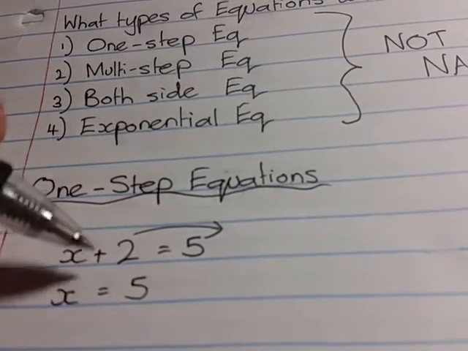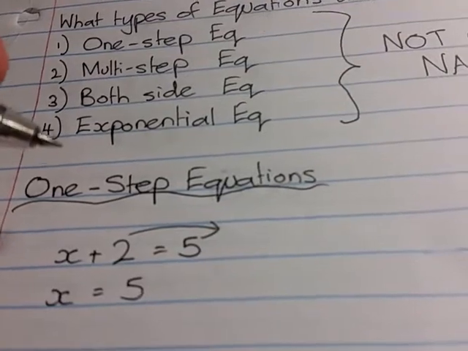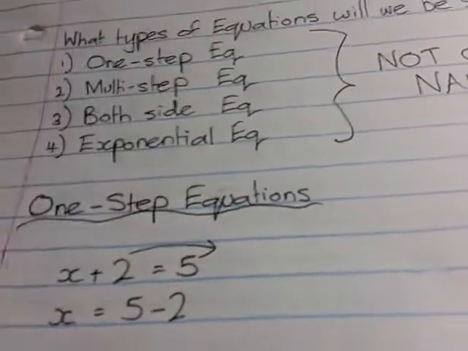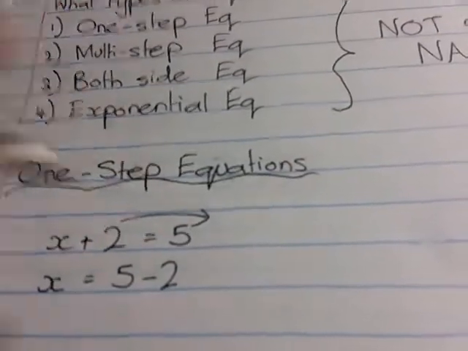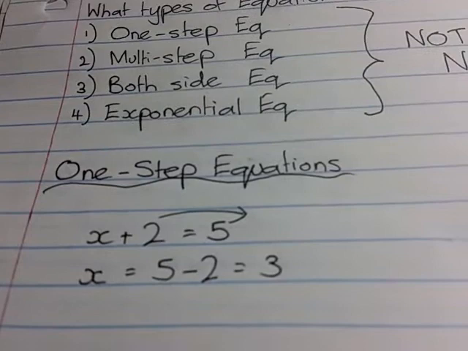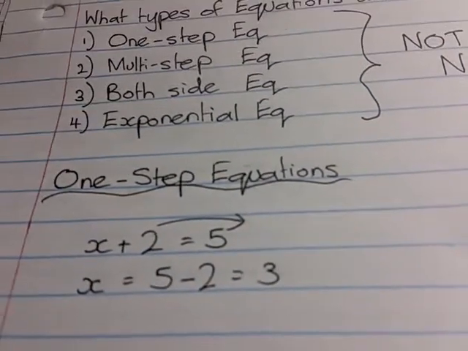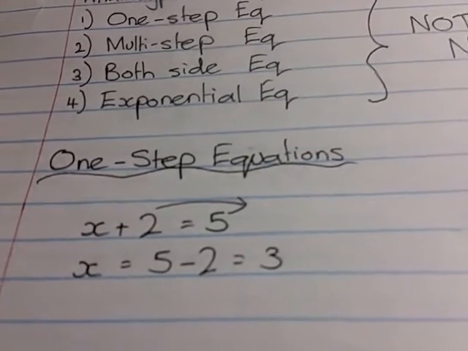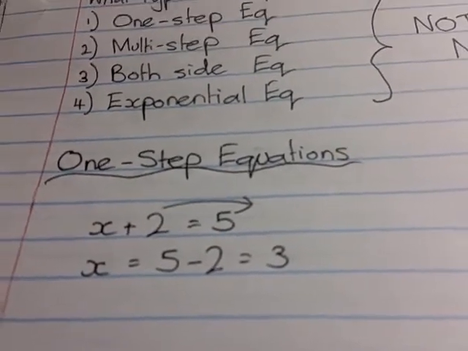So it was plus 2 on the left side, so the opposite of plus 2 is minus 2. So x equals 5 minus 2, which equals 3. And didn't we say in the beginning that we knew x was equal to 3? Well, there's the working out for it. And that's how you do a basic one-step equation.